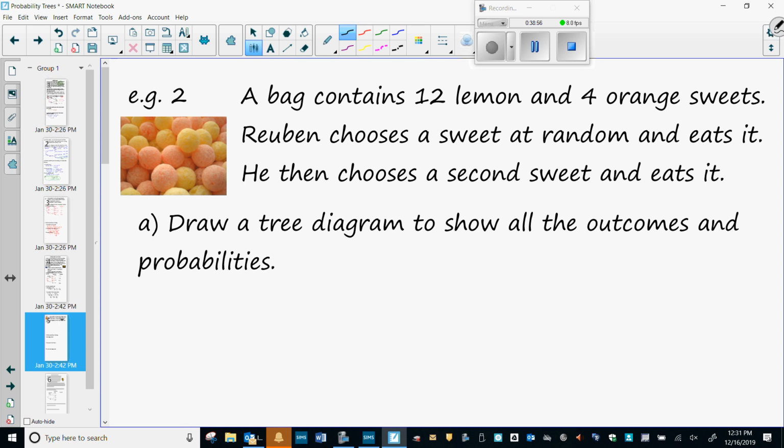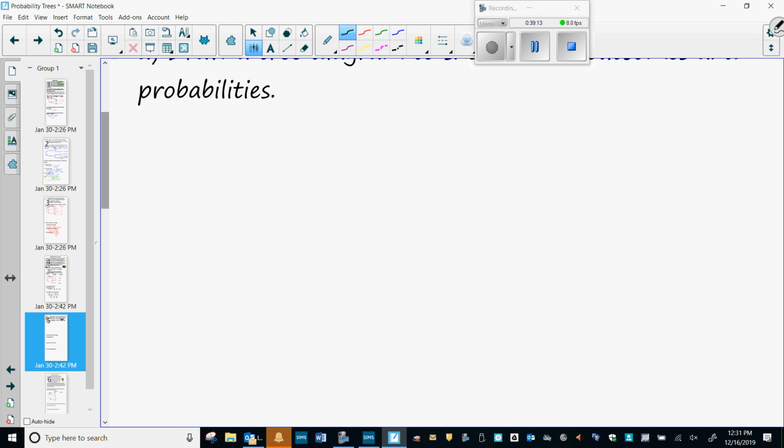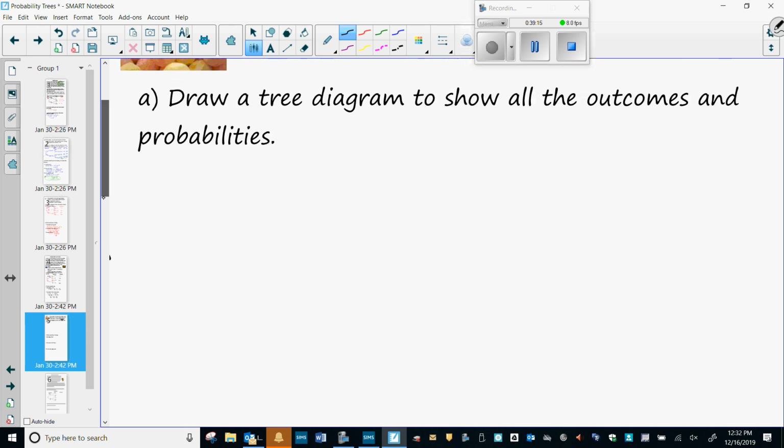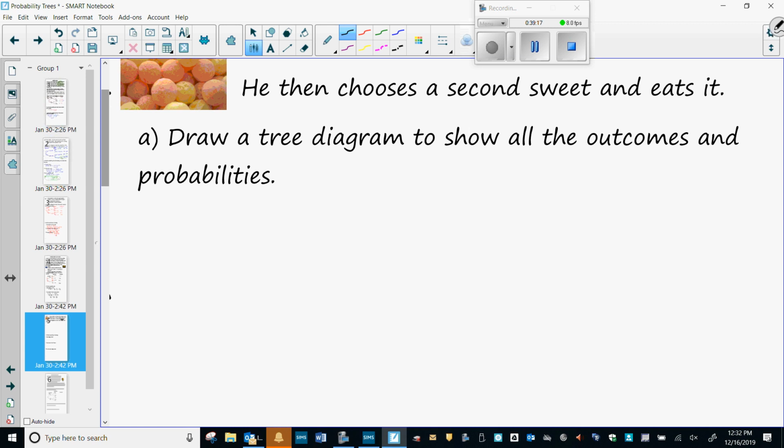These are sweets. So the bag contains 12 lemon and 4 orange sweets. Reuben chooses a sweet at random and eats it. If he eats it, is it going back in the bag? No. He then chooses a second sweet and eats it. Draw a probability diagram to show this. So this is one of those ones where it's implied, it's not stated.